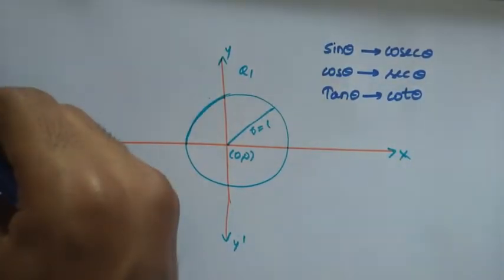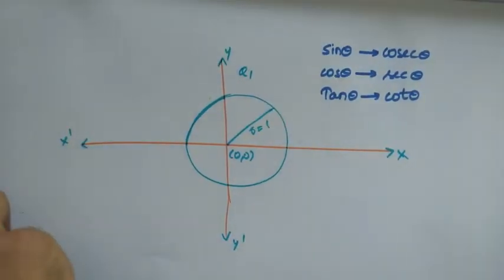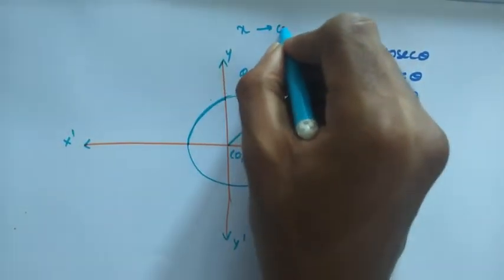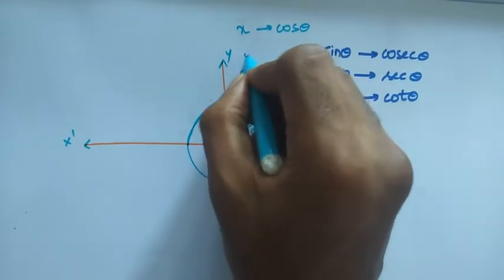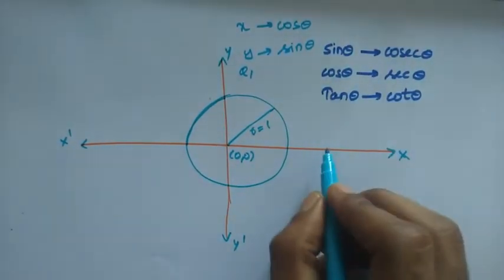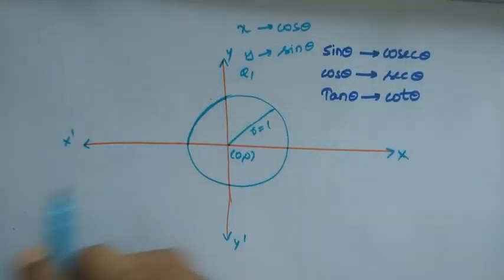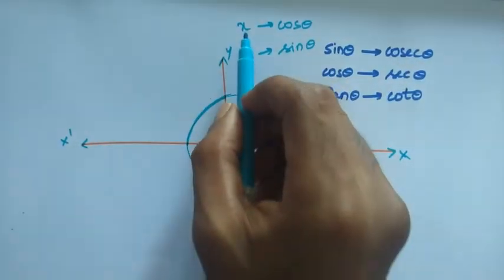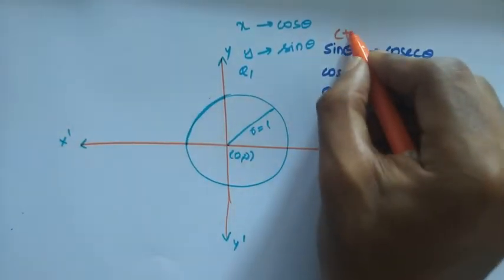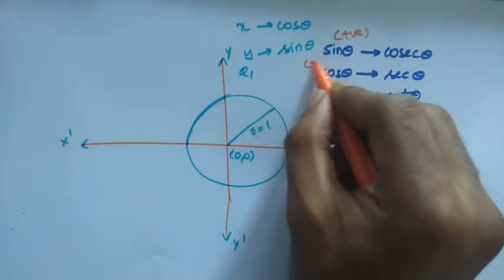Now I already told you the x coordinate will give you cos theta and the y coordinate will give you sin theta. So because x and y are positive in this quadrant, cos theta will be positive and sin theta will also be positive.